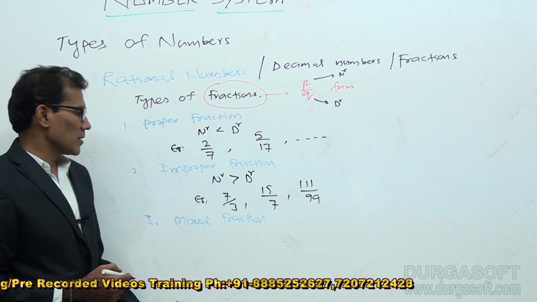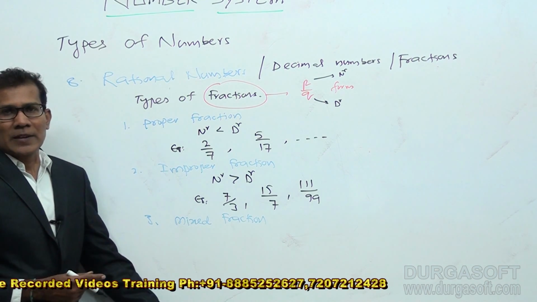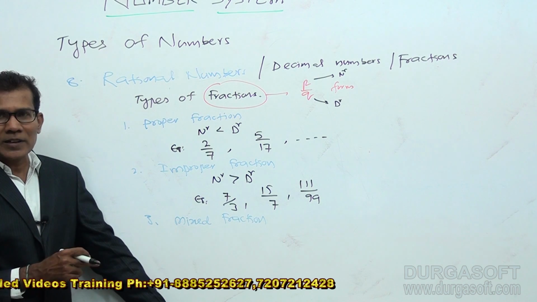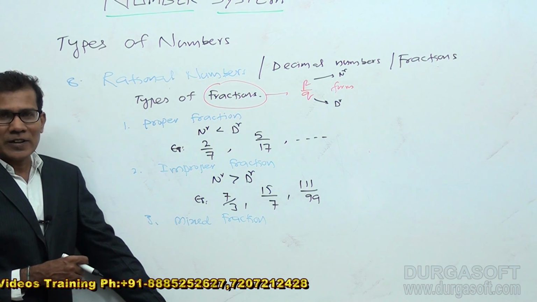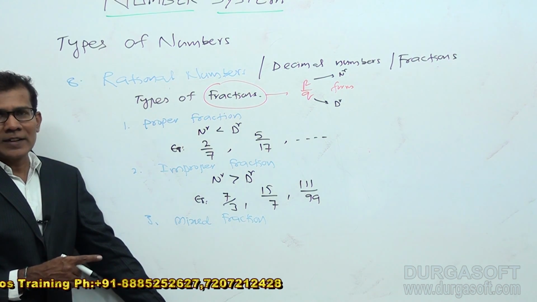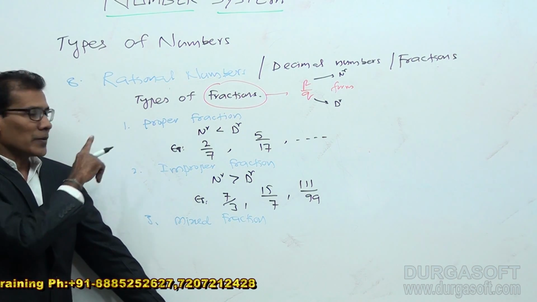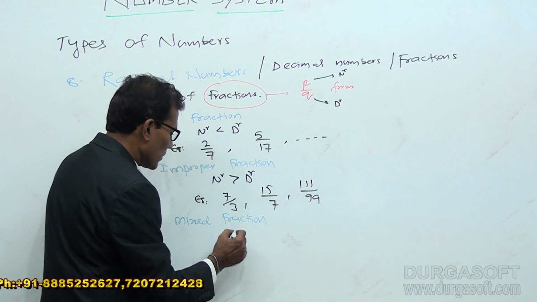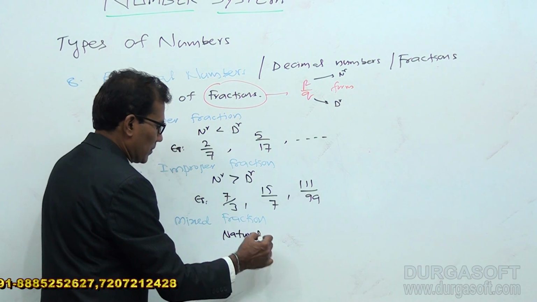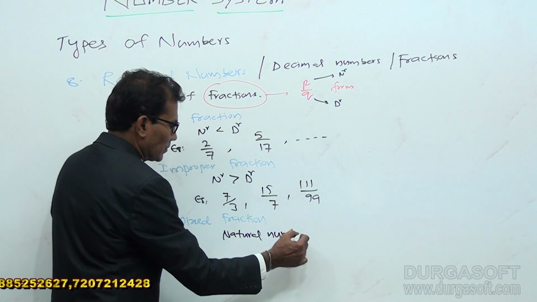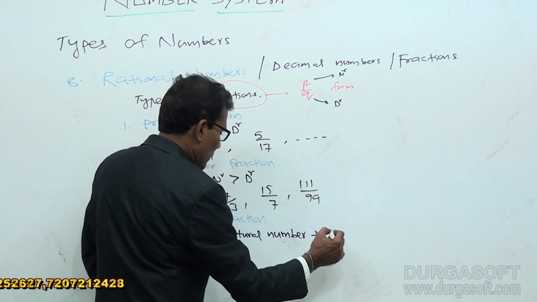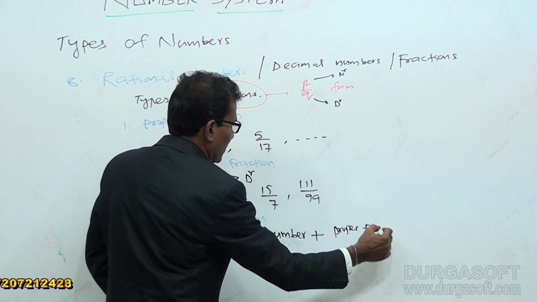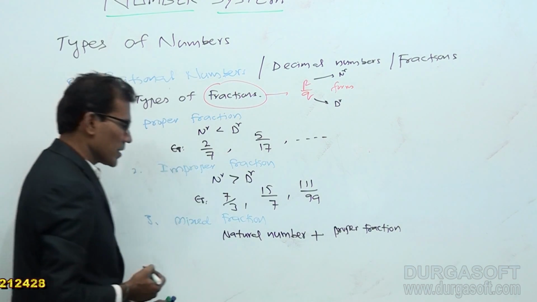And then mixed fraction. What is a mixed fraction? Mixed fraction is nothing but the combination of two numbers. One number is natural number and other number is proper fraction. Means the sum of a natural number and a proper fraction is called mixed fraction.